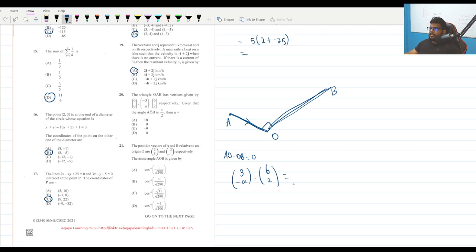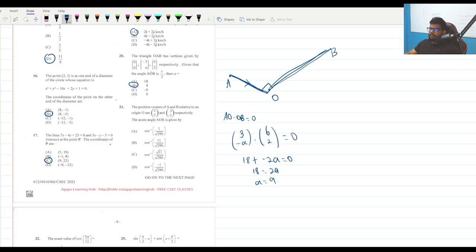And when I dot these, I'll get 0. 6 threes are 18, plus the product of the j components, which will be minus 2a, is equal to 0. Move the 2a across. 18 is 2a, and a is going to be 9. A diagram would have helped us with this one, right? So far, out of all the questions in all the past papers, this one required the most thinking.